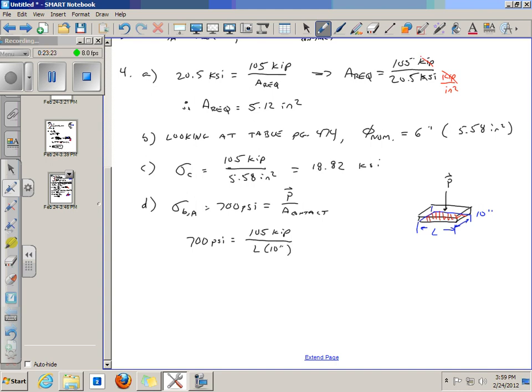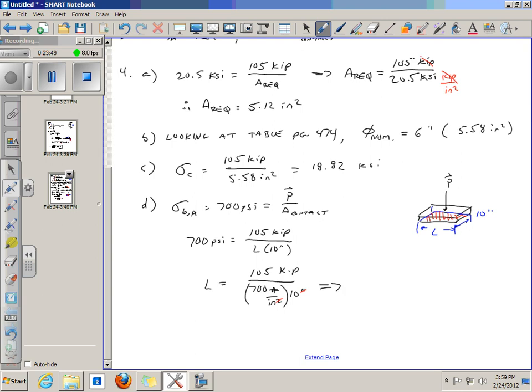So cross multiply, and I get the length is equal to 105 kips over 700 pounds per square inch times 10 inches. Inch over inch squared just leaves me with inch. Now kip, I can't have kips up top and pounds down below, so I'm going to have to convert one.